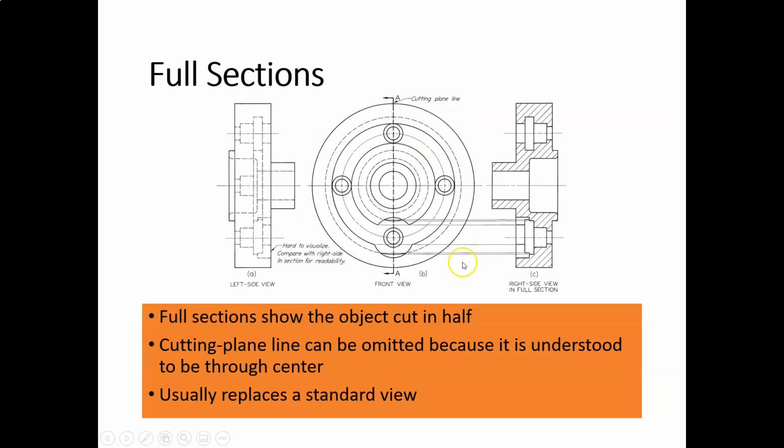Okay, so I want you to first look at the front view here, the circular view. You can see here where the cutting plane has been replaced with a cutting plane line, okay? The cutting plane line has two arrows on either end, and the arrows indicate the direction of sight for the section view. Now, what does the direction of sight mean?